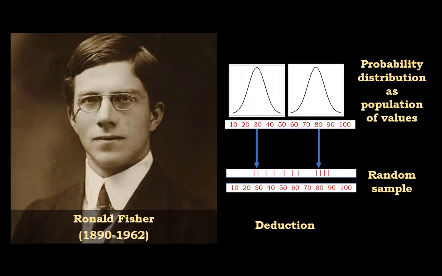If we say this distribution is the true distribution of the population, we can establish without any problem the probability of obtaining any of these values. Now, the problem arises when we talk about induction. Induction in this sense is very, very difficult.